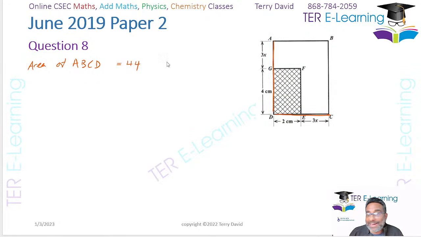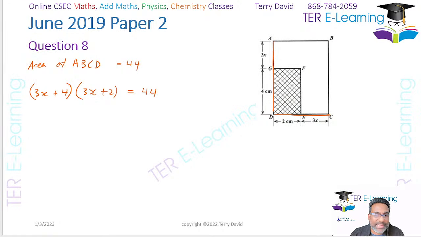When you multiply that, I should get 44. So therefore, I have 3x plus 4, that's one length, and I'm multiplying that by the other length, which is 3x plus 2, right? When I multiply those two lengths, I'm going to get 44.